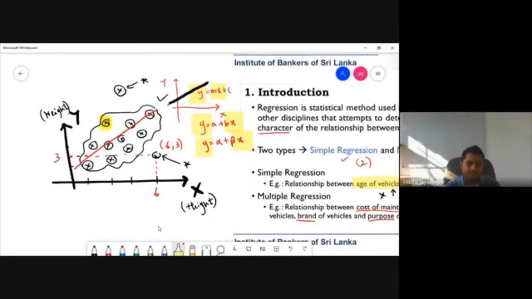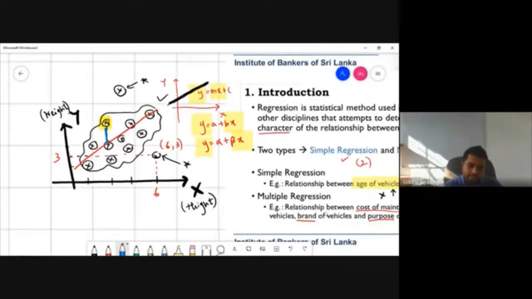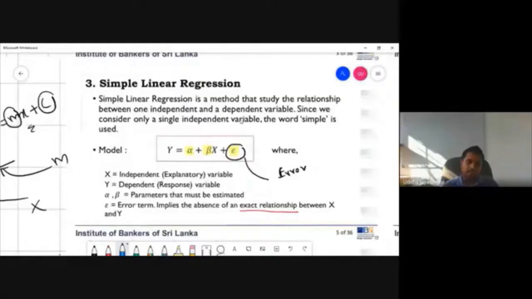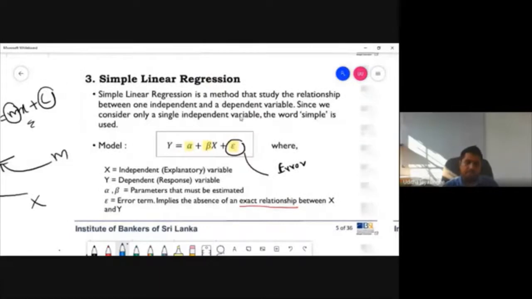There's a gap between this particular point and the line that we explained. Now, students, that is the error. That is an error term for these individual data points, arising from a study under this particular method.